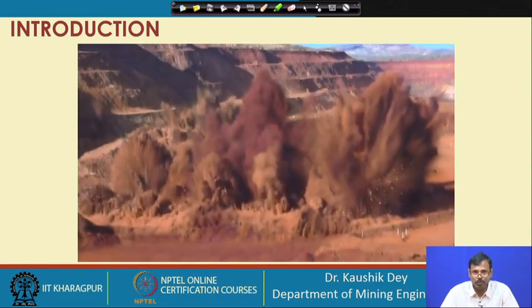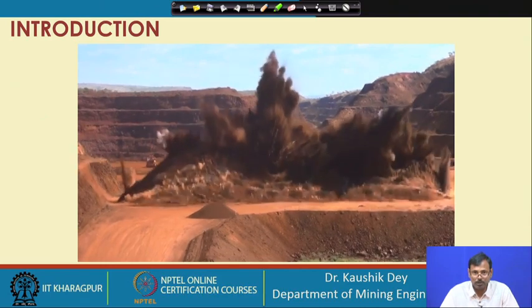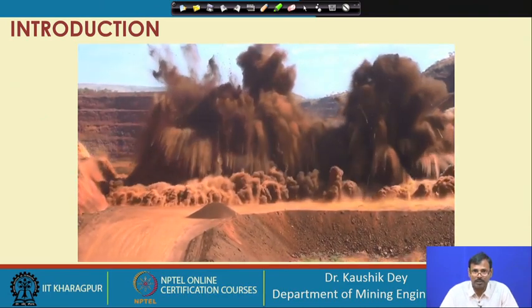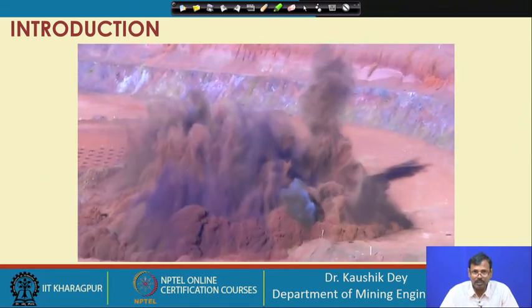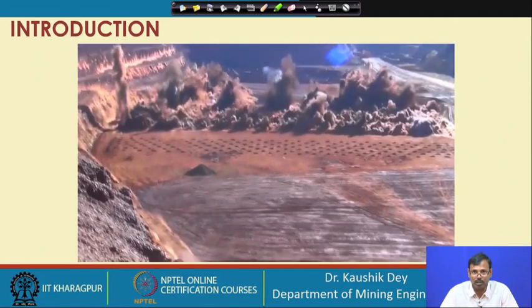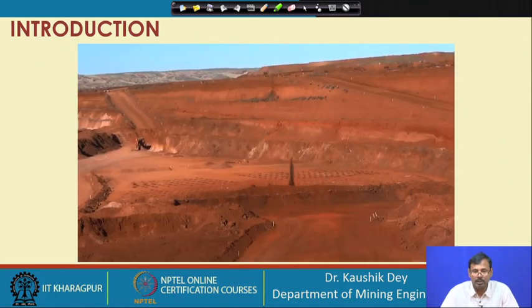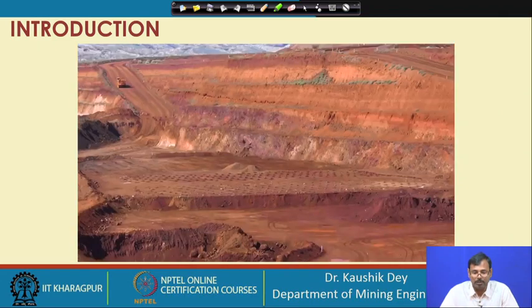So, basically we want some time gap between the holes, but that was not possible with the ordinary detonator. That is why we needed additional explosive accessories or blasting accessories, which would give us complete control over the blasting.